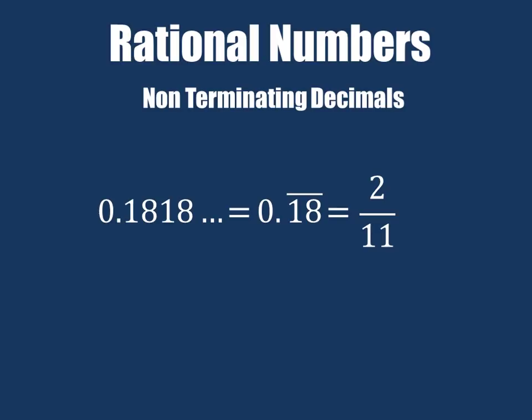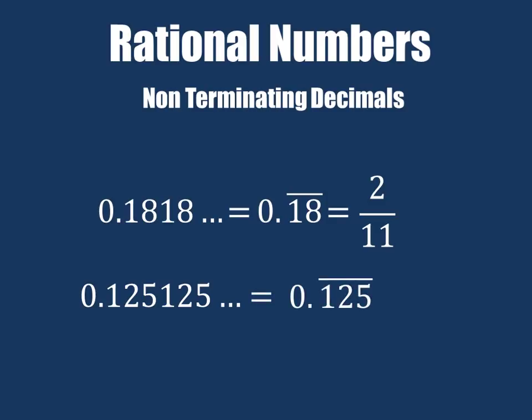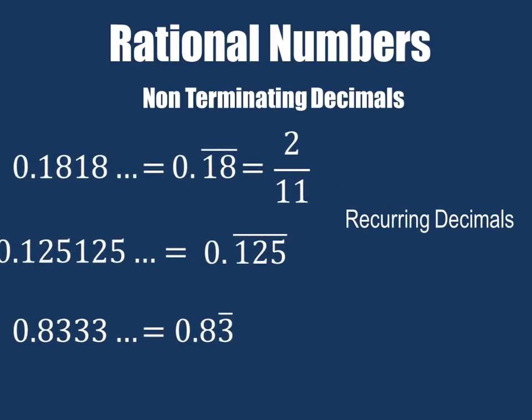Here we have two more examples of such decimals, like 0.125125 going forever, which is written as 0.125 bar. Next, 0.8333 going forever, which is written as 0.83 bar. These sort of decimals are known as recurring decimals.